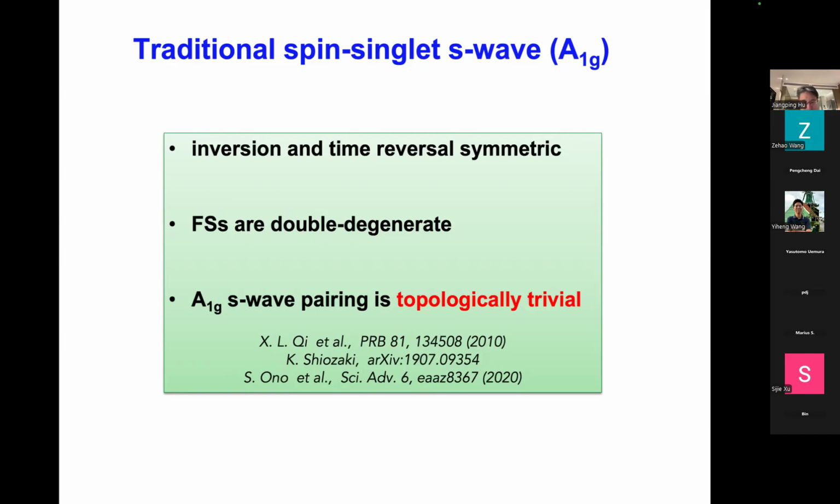One conclusion from early theory is that if you have an S wave, an A1G representation, as we call it in group symmetry, then A1G S wave pairing, from conventional thinking, is always topologically trivial. So with A1G S wave, you will not get a topologically nontrivial state.